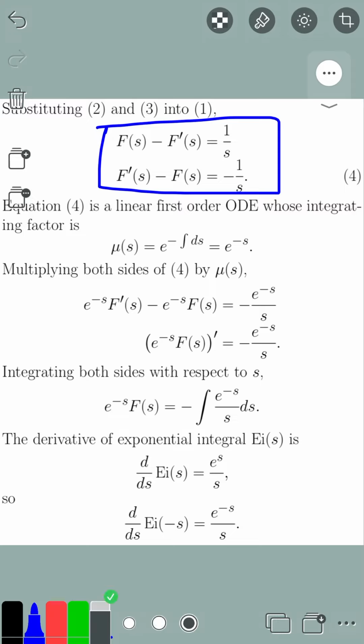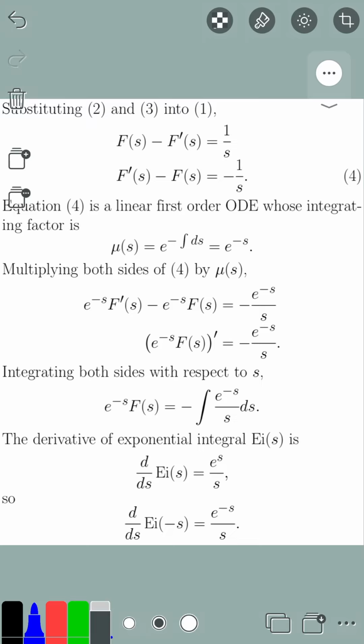Solving this differential equation is not that hard. This is a linear first order ordinary differential equation.